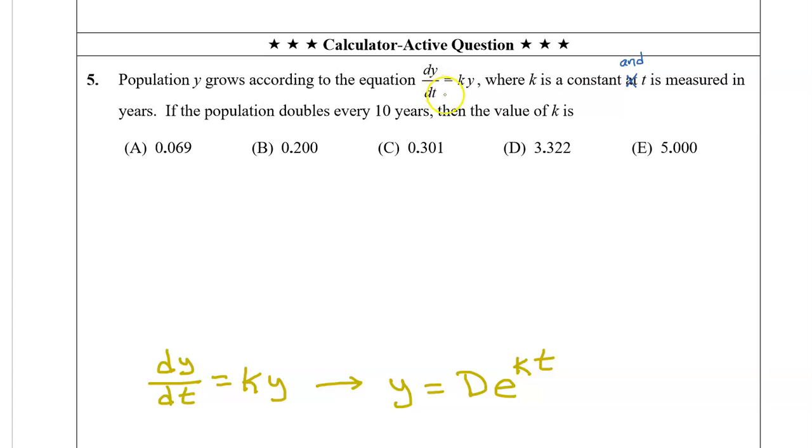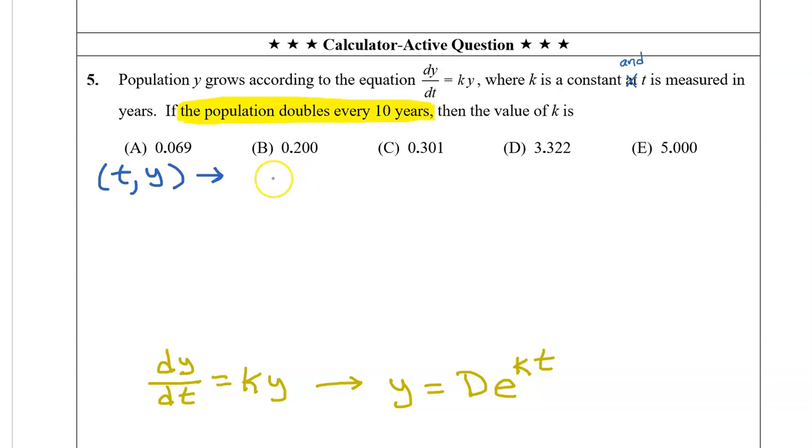I could solve this as a separable differential equation. However, this occurs often enough that I want you to memorize the following shortcut. When dy/dt equals k times y, the solution is y equals d times e to the kt power, where d is a constant. Let's make two hypothetical initial conditions that satisfy the statement that the population doubles every 10 years.